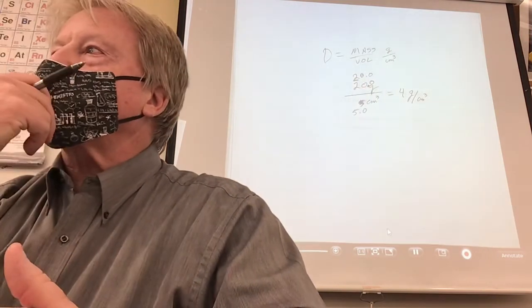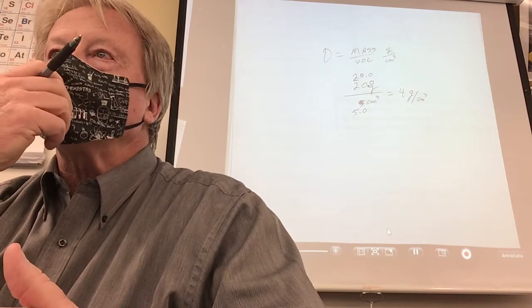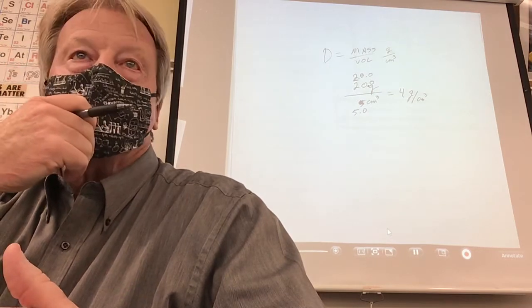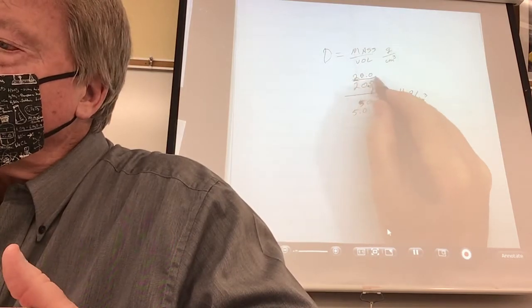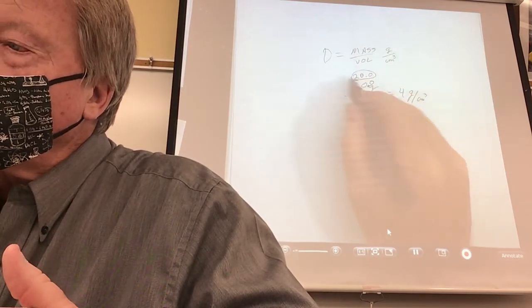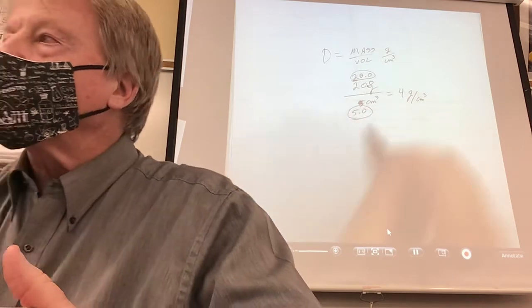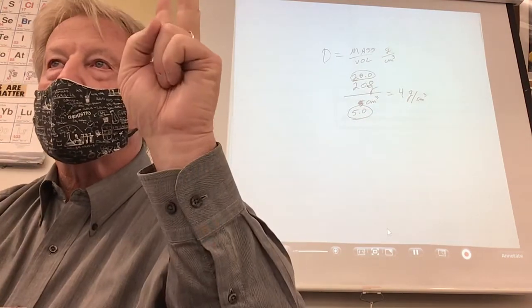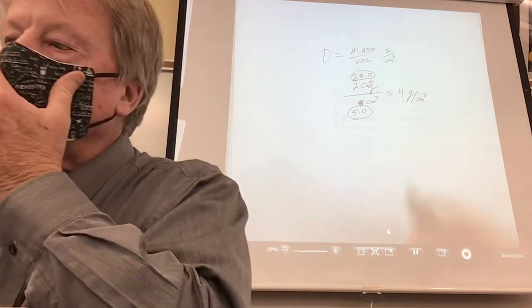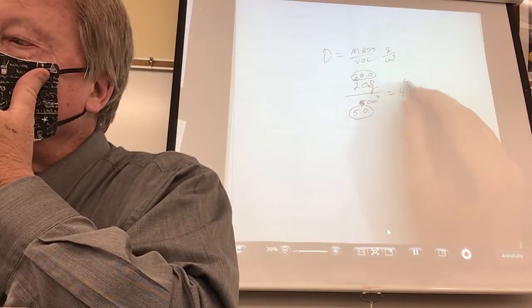And when do trailing zeros count? When there is a decimal. Is there a decimal? Then you're in. So how many sig figs does this have? 3. And how many does this have? 2. So I have to round to the least number, which is how many? That's 2, isn't it? So we go over here, and I'd have to write not 4, but what?